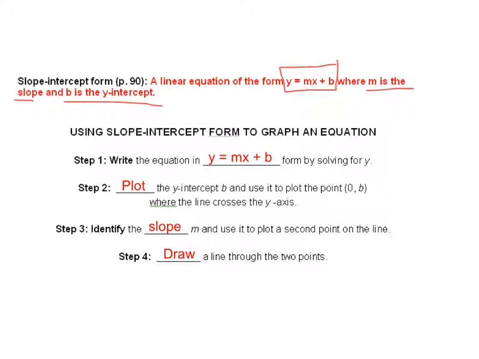Step 1, you should write the equation in y equals mx plus b form by solving for y. In other words, you got to get y all by itself on one side of the equal sign. And then we write the polynomial on the right side of the equal sign in standard form. So it does go mx plus a b value.